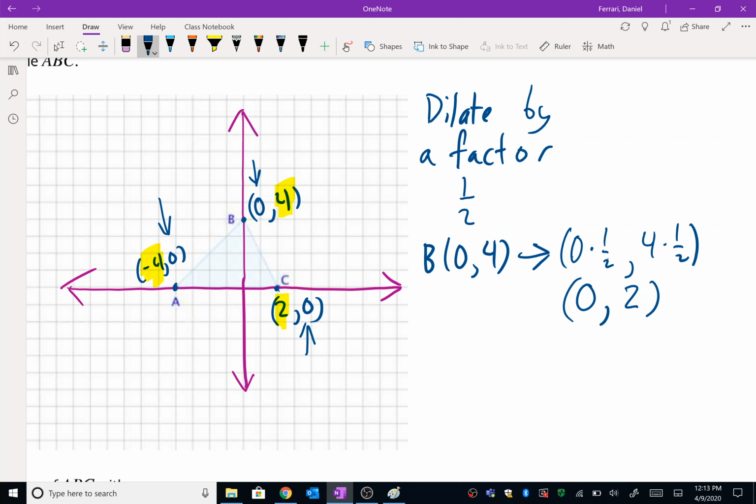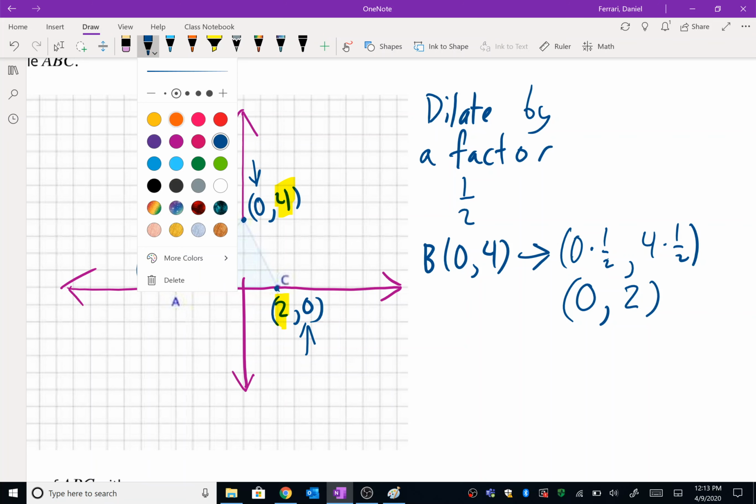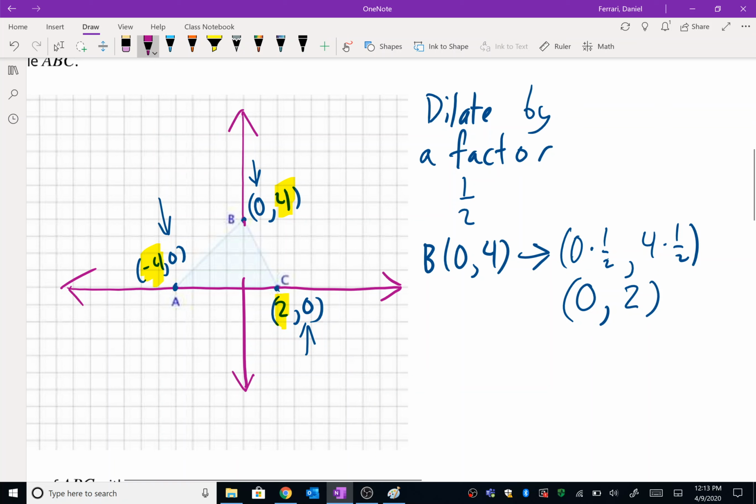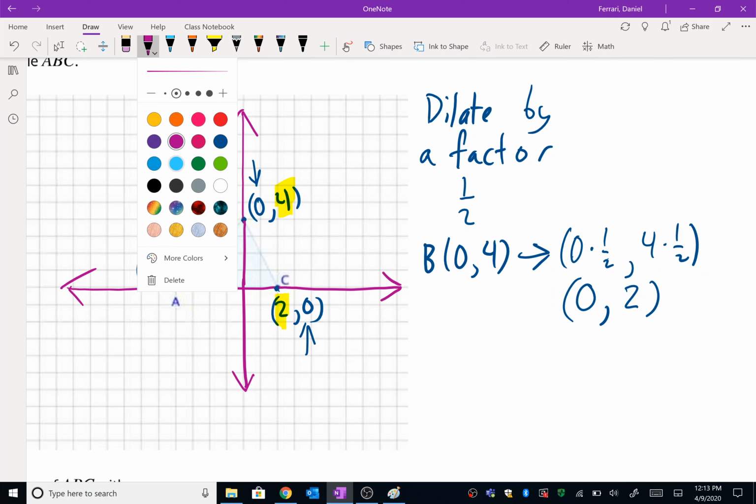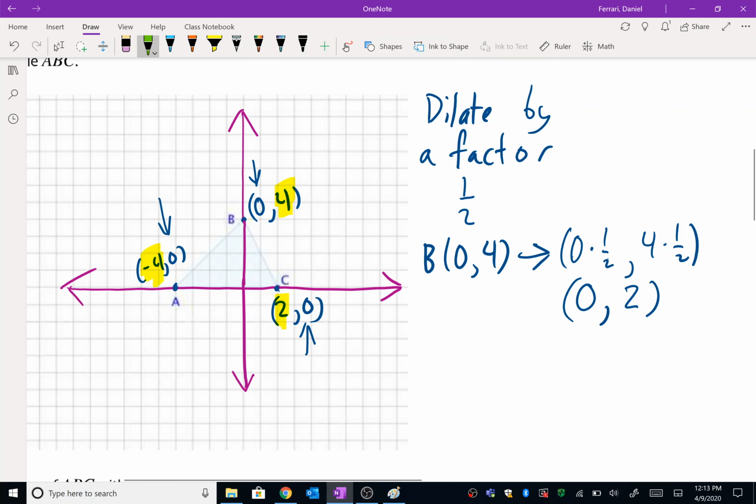So that means that I can go to the point 0, 2, and I can plot my point. So this is going to be B prime. In fact, let me change colors real quick. Let's do, sure, lime green. So B prime is going to be right here at 0, 2.